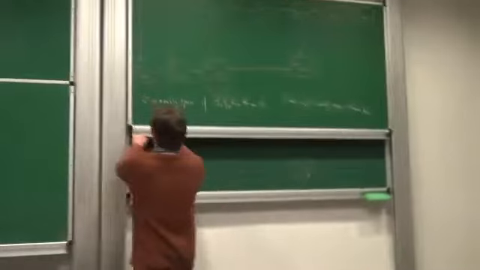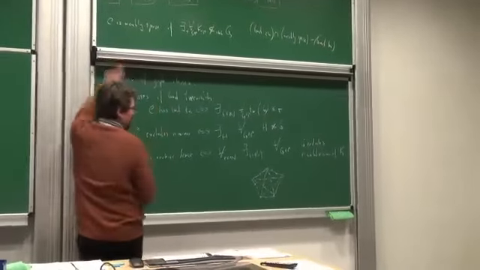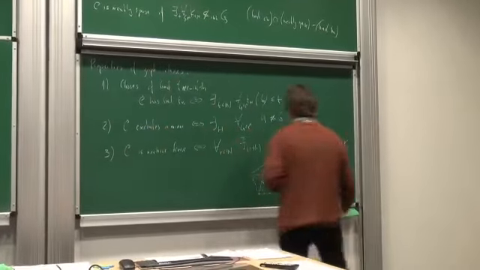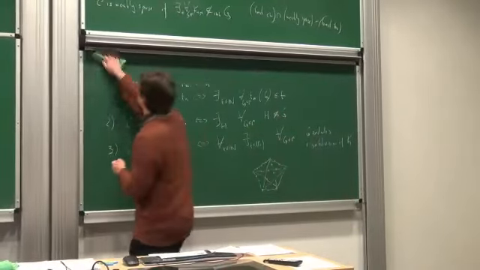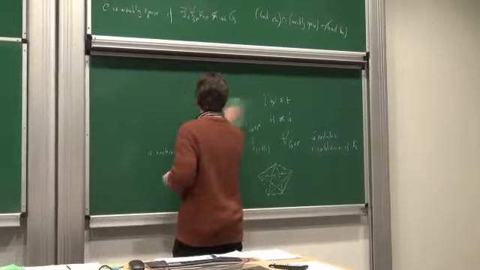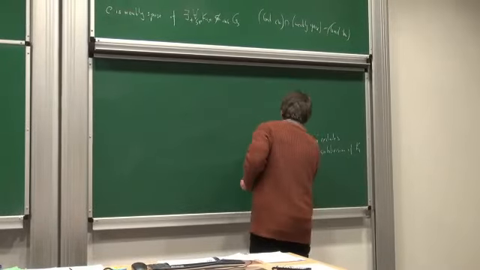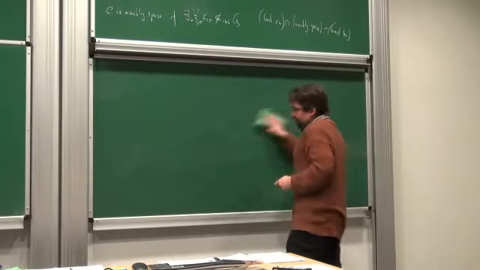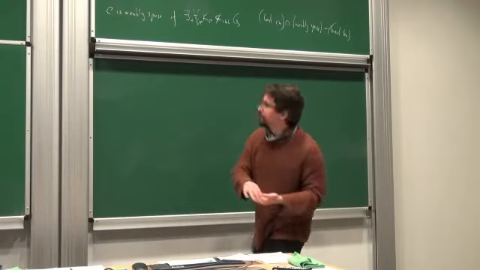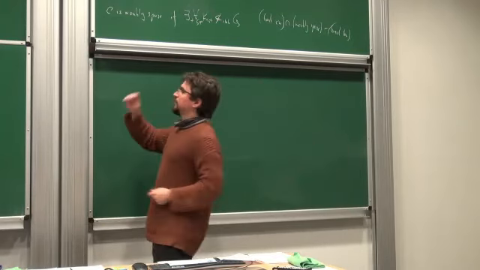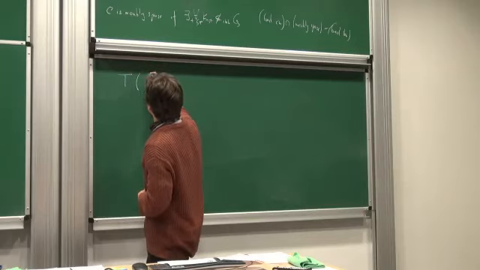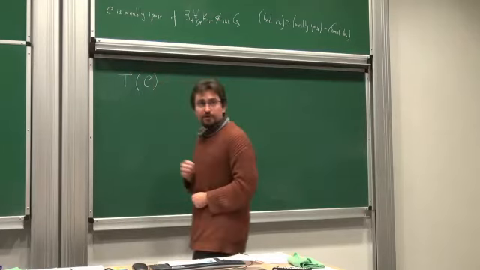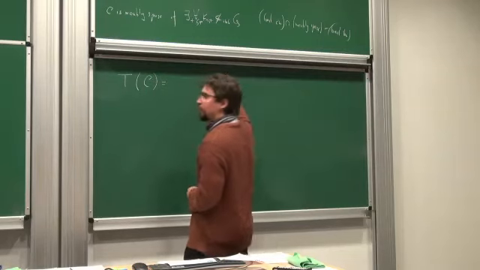So now that we have the notion of transduction, you can think about transduction as a sort of embedding notion for classes of graphs. First of all, if I have a class of graphs and a fixed transduction, I can apply the transduction to the class of graphs pointwise.